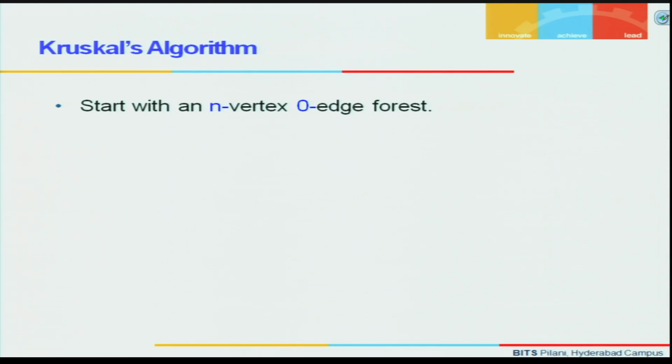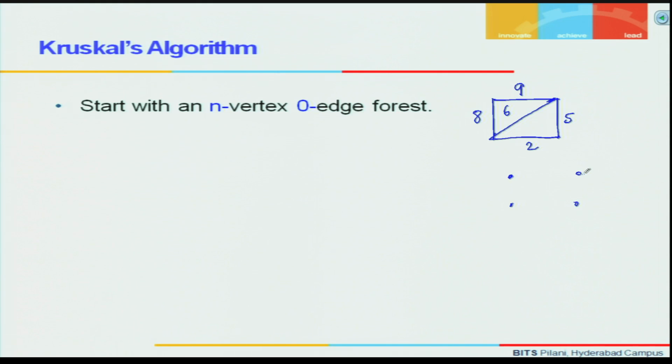Kruskal's algorithm says this: if you have any graph, say we will take our old example only. We are trying to find the minimum spanning tree of this particular graph. Then Kruskal's algorithm says: for this graph, first plot the forest of all vertices.